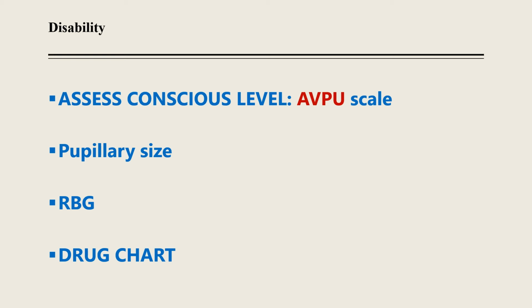Random blood sugar is normal from 70 up to 110 in healthy patients; in diabetics, maybe up to 200. And then, if we have investigations in the C, we should assess the result of the drug chart or any result coming from the investigation.